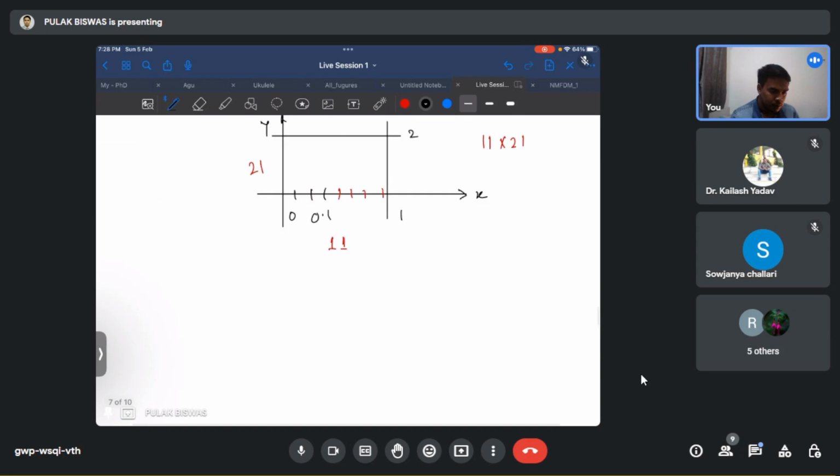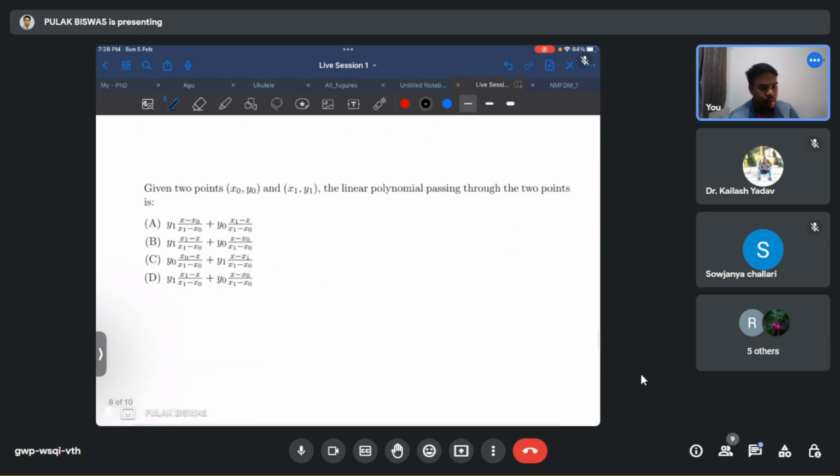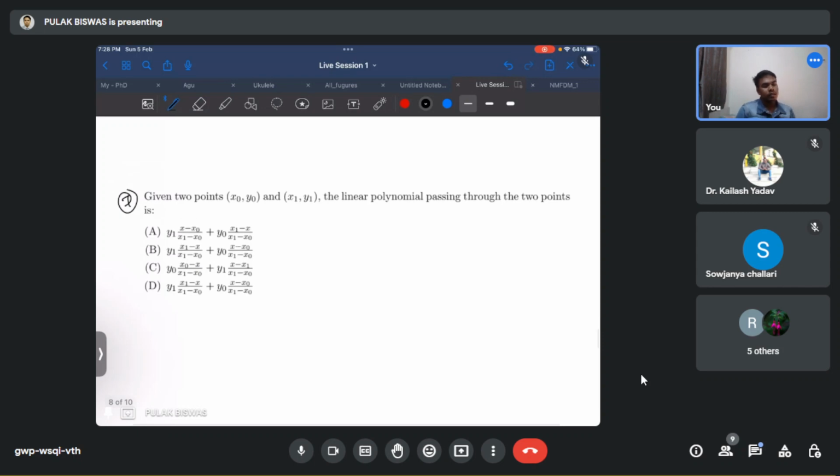Next question. This is also easy. This is about that Lagrange polynomial. This is a straightforward question. 2 points are given. What will be the polynomial that passes through these points?